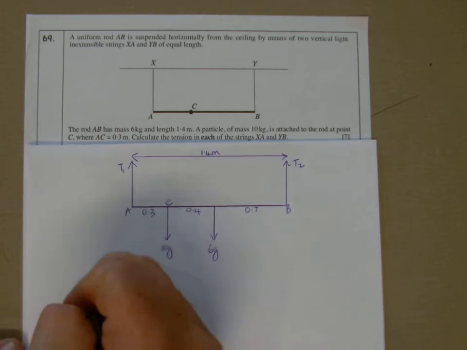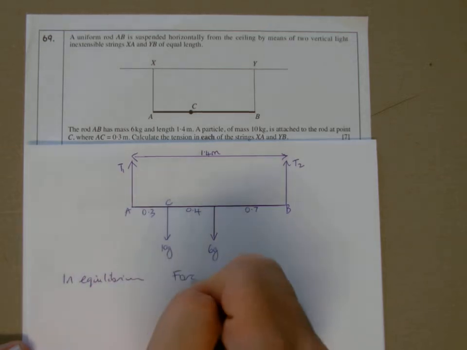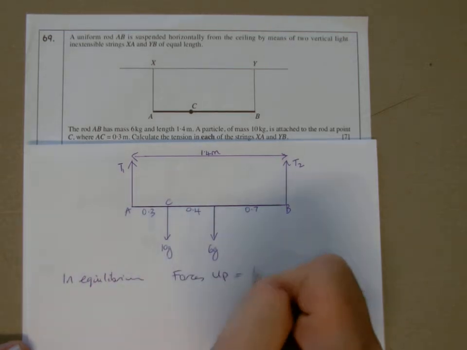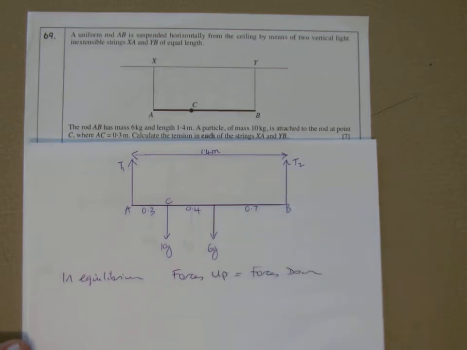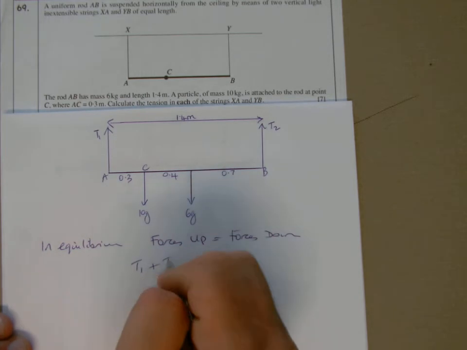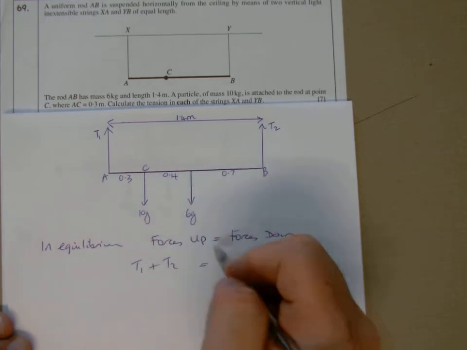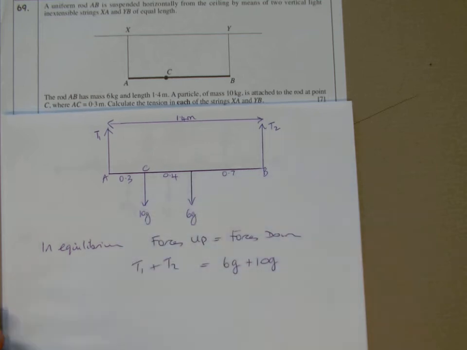So what I do, because it's in equilibrium, again, we say, look, forces up equals forces down. So the forces up in this case, well, T1, T2, the strings, and that would equal the weight of the rod plus this mass causes this weight here of 10G.